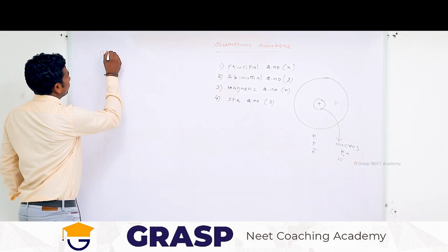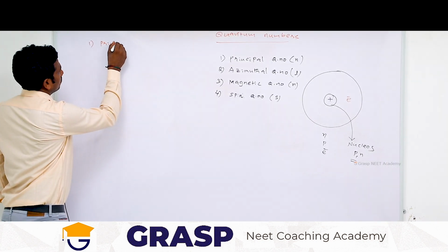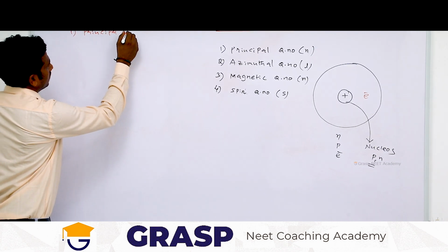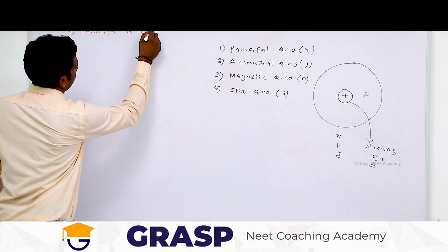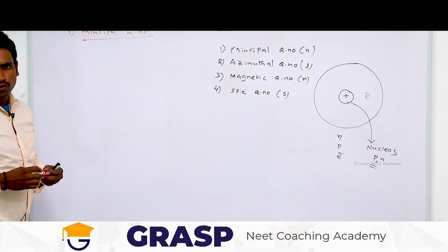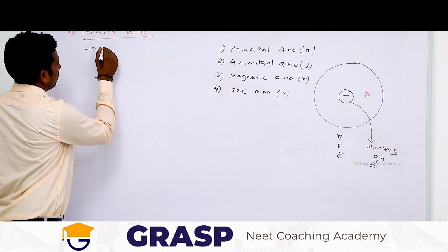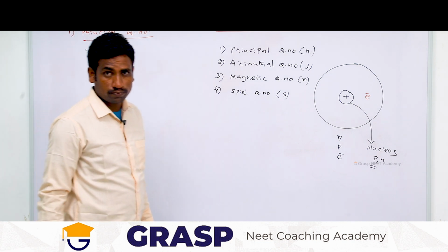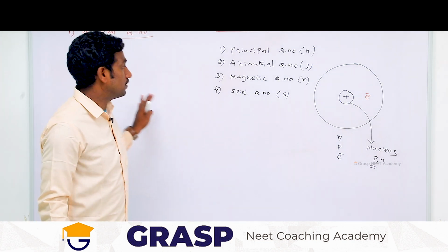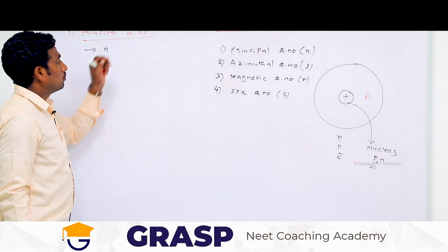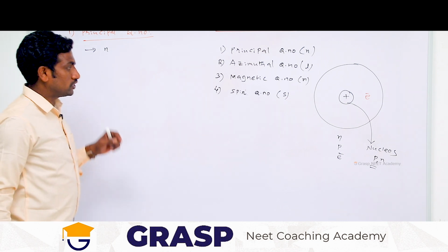We denote it with the letter n, which was given by Niels Bohr. Niels Bohr is the scientist who gave the information about the principal quantum number. What information does it give?